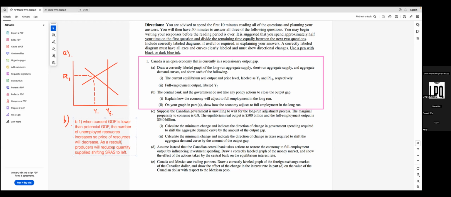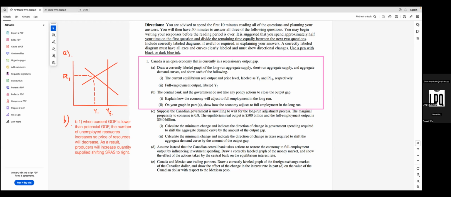Producers will increase the quantity supplied, shifting to the right.